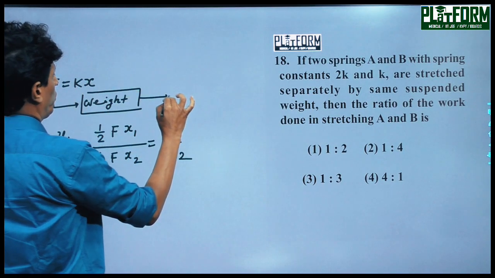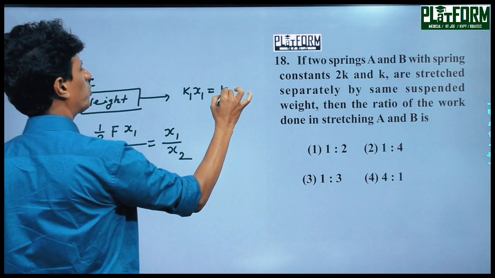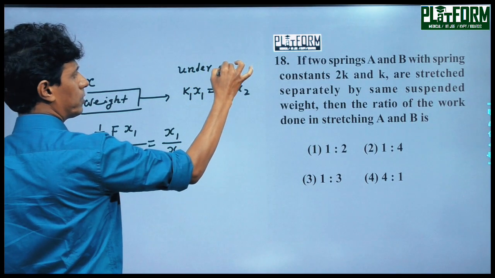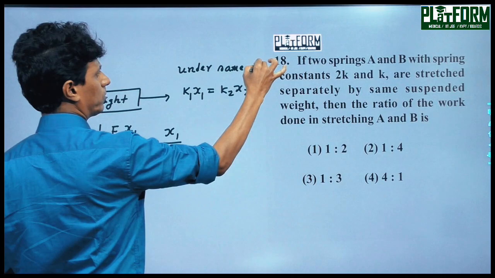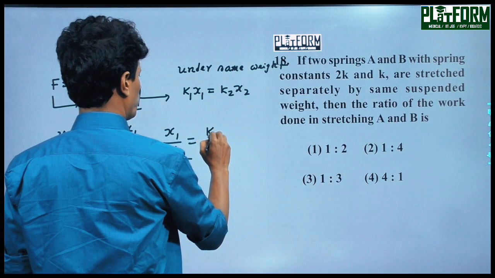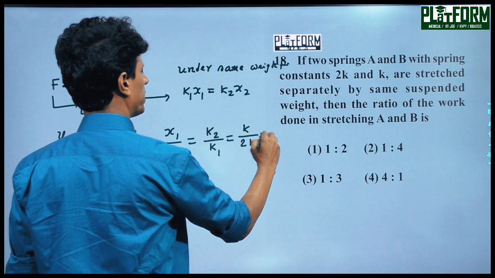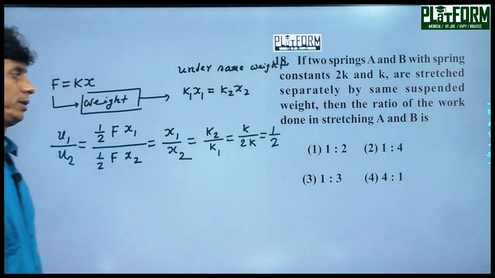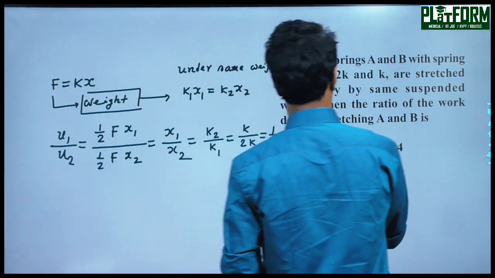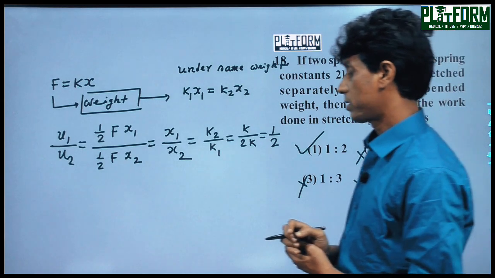Under the same weight we can say k1 x1 is equal to k2 x2. So x1 by x2 is equal to k2 by k1. This is k by 2k given in the problem. This is 1 by 2. Correct option here is 1. 2, 3, 4 are not the correct option. Next problem.